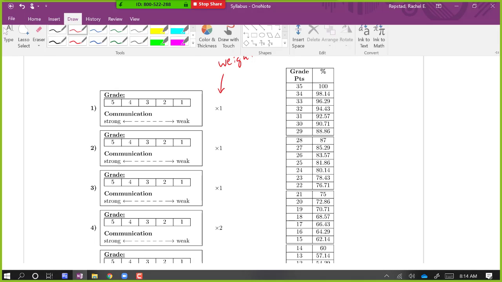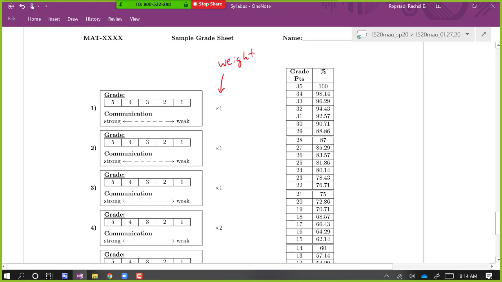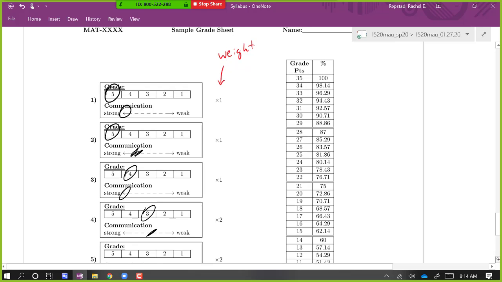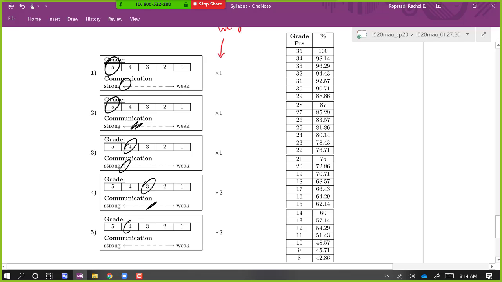And when you get one of these back, you'll see this grade sheet, and maybe on the first problem you got a 5 and it was really well communicated. On the next one you got a 5 and it was maybe a little bit less well communicated, but still good enough to be a 5. And you got a 4. Maybe you got a 3 on this one, and you really need to work on the communication there, and maybe a 4 on this one.